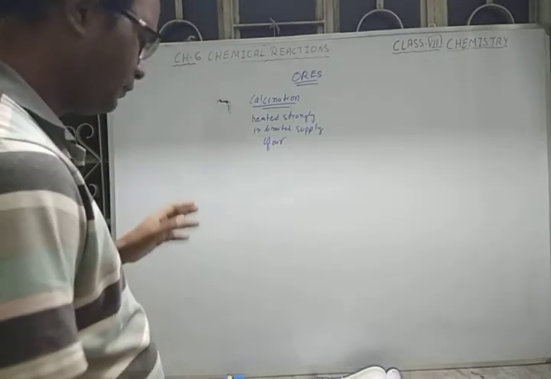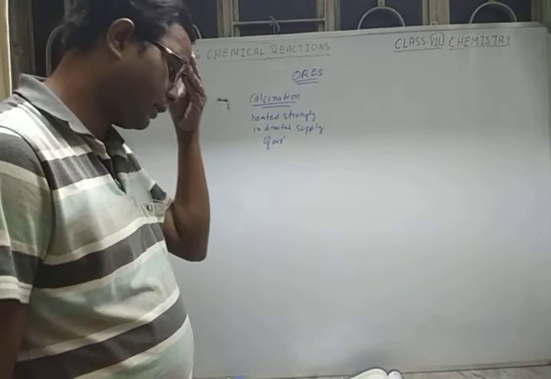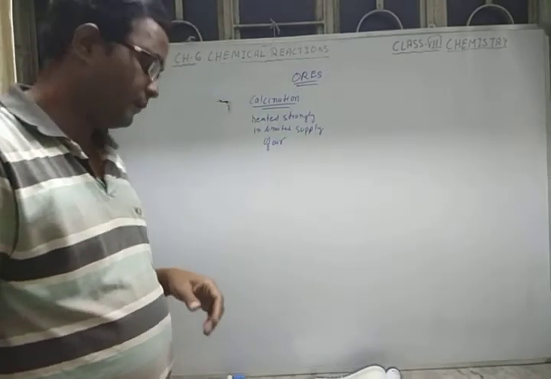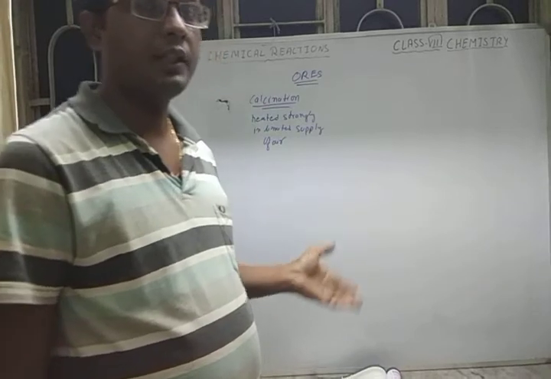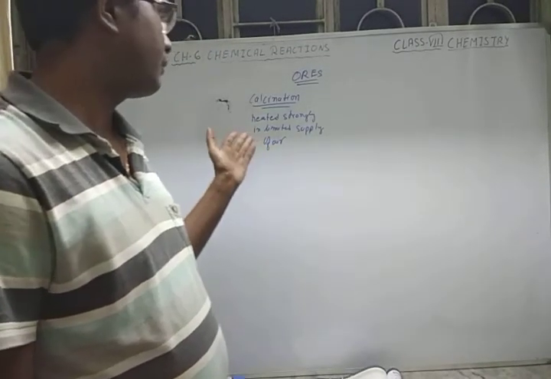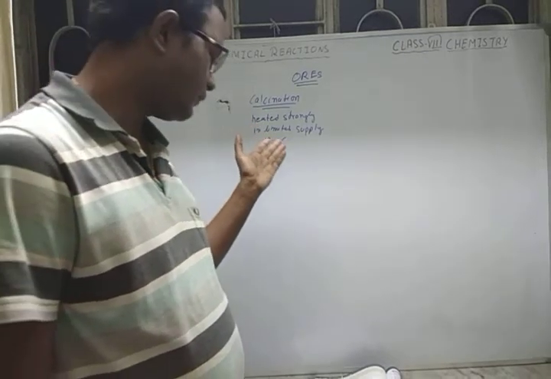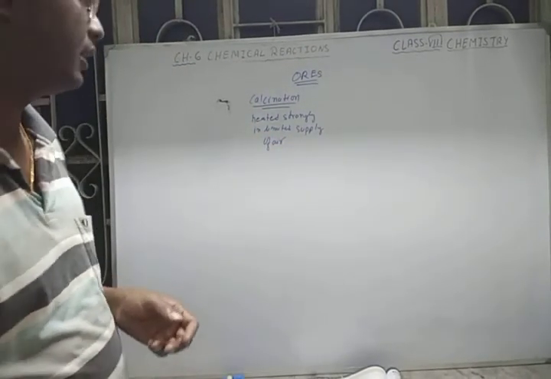Most of the time, this process is followed for the carbonates of zinc, magnesium and copper. So carbonate types of ores are generally made to form their oxides by the process of calcination.